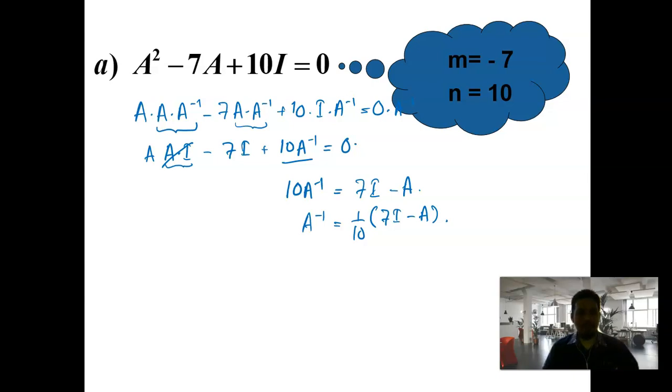Okay, so now A cubed, the matrix A three times, which is A and A squared.